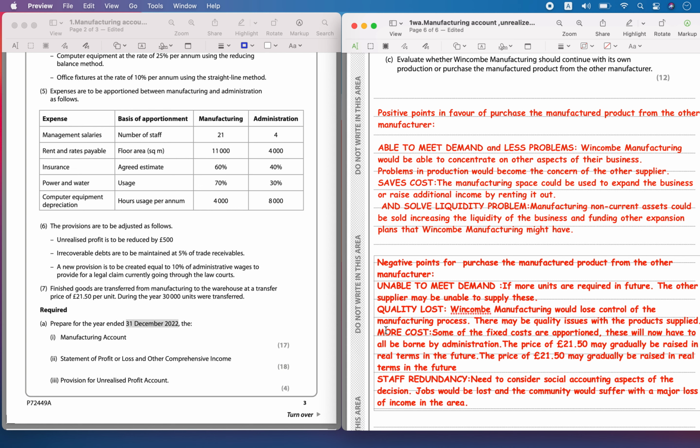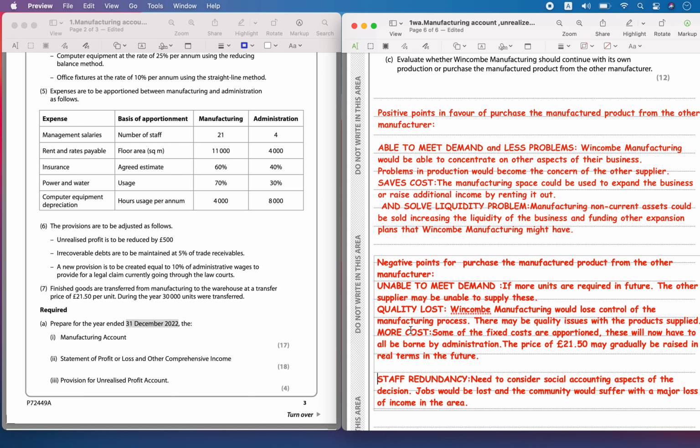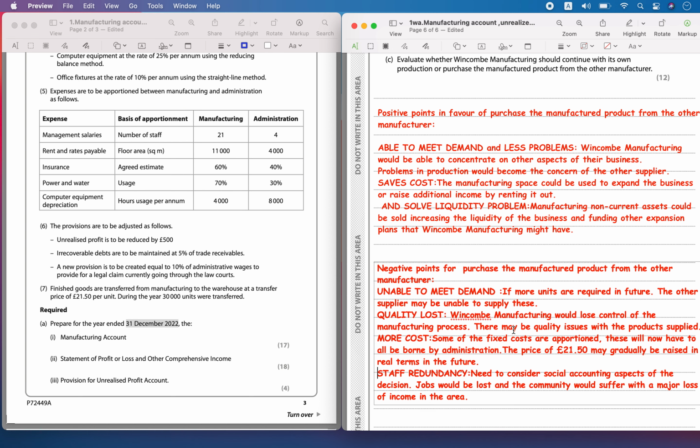The manufacturer might not produce good quality, and your business might incur more costs because some fixed costs have been apportioned, and now they will not be, so you might incur that cost also. You should also bear in mind that the price of 21.50 can be raised in real terms in the future.